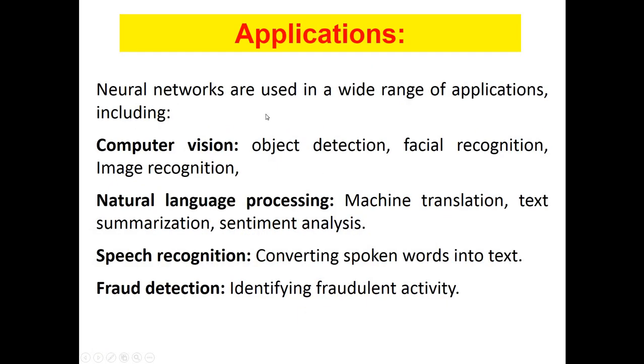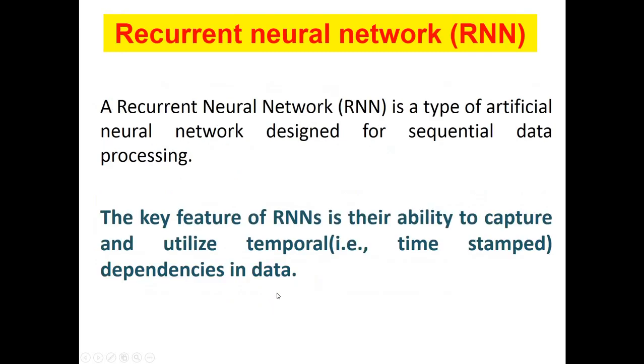Neural networks are used in a wide range of applications, including computer vision, natural language processing, where you can speak and speech to text, etc. comes under that. This is like an AI camera, speech recognition, and fraud detection, etc.